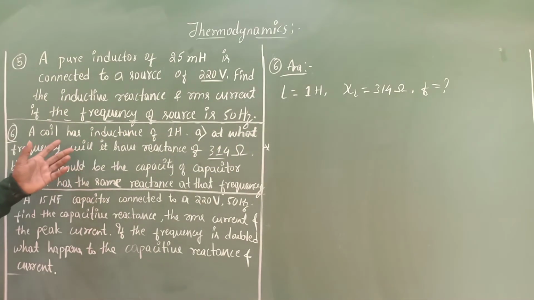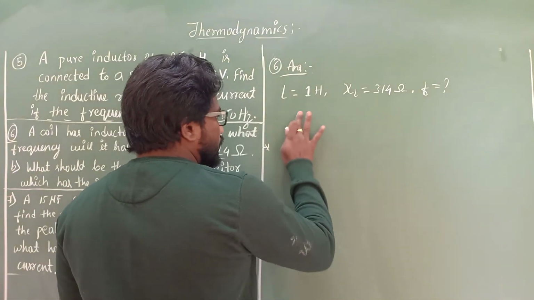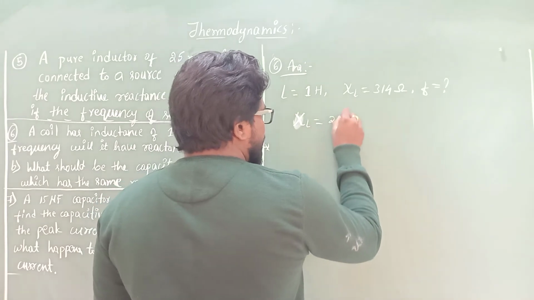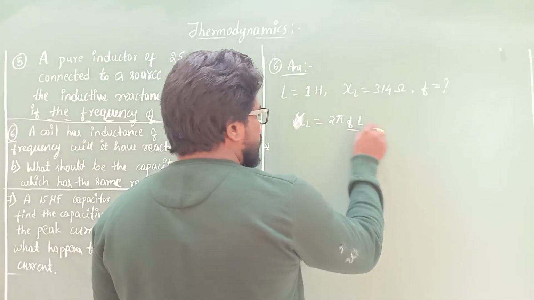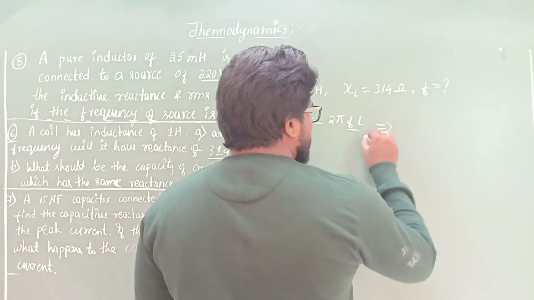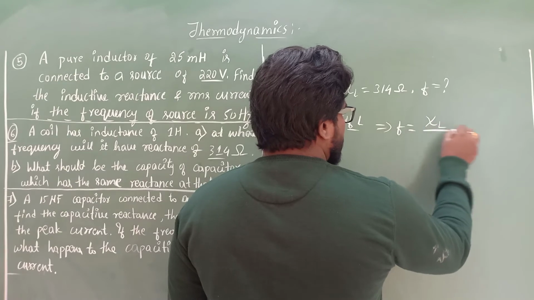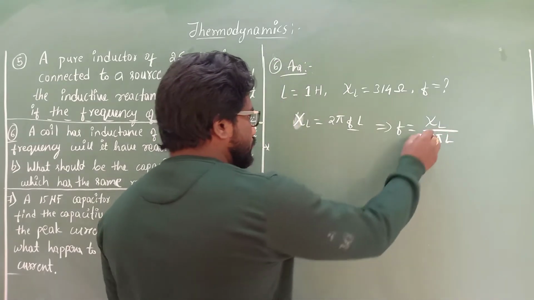XL is equal to 2 pi F into L, correct? I need to find the value of F, which is given by F is equal to XL divided by 2 pi L.